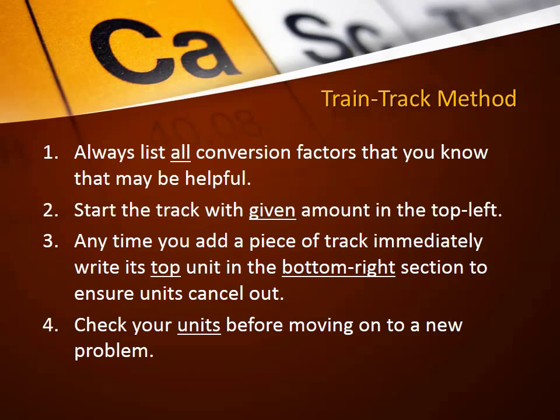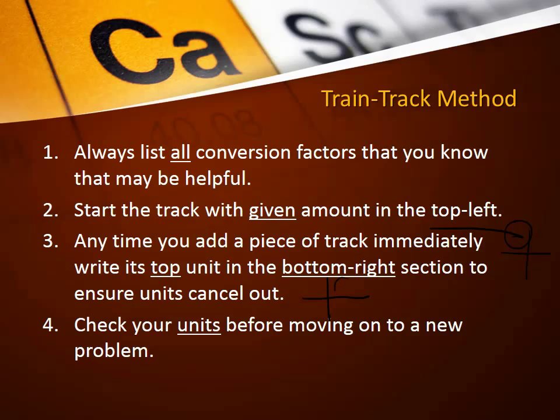So here's a few extra points that may help. First, always list all conversion factors that you know that may be helpful. Having too many is okay. Second, start the track with the given amount in the top left. Third, anytime you add a piece of track, immediately write its top unit in the bottom right section.